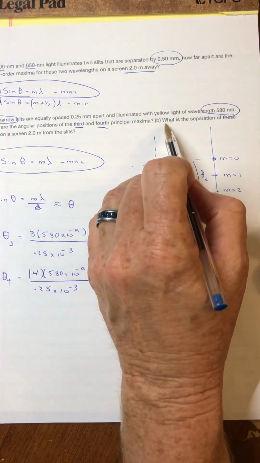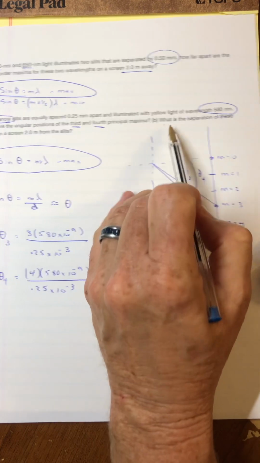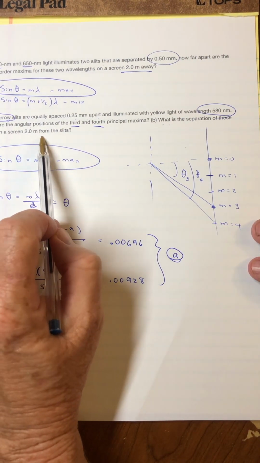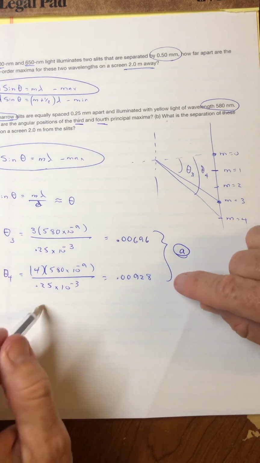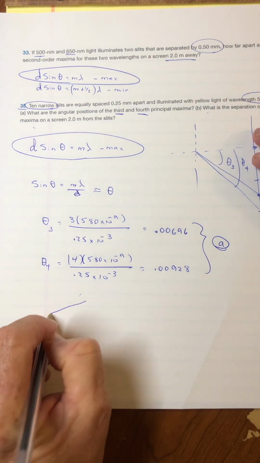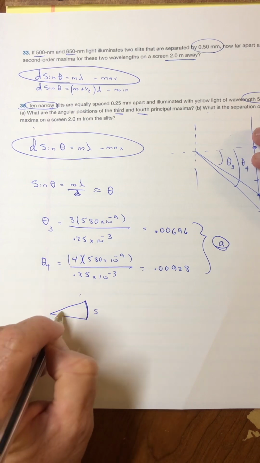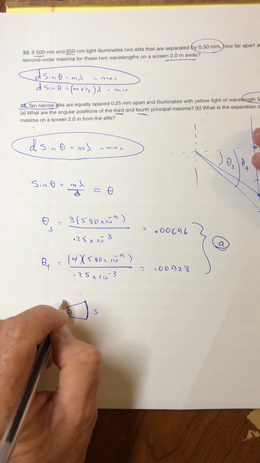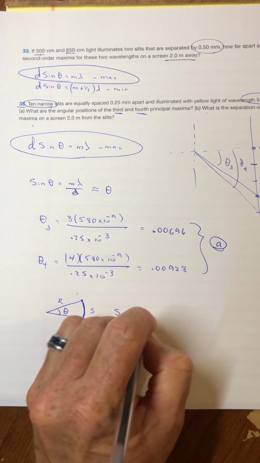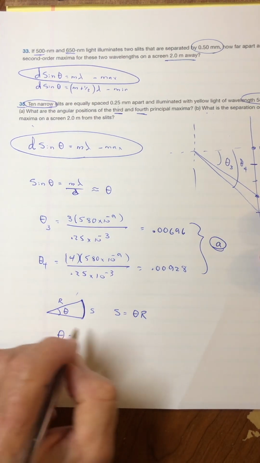And so then it goes on to say B, so maybe I should put a little A here. B, what is the separation of these maximums on the screen that is 2 meters away? We could do like we did back in 33, and I'll just review some geometry that's easy to forget. When you have an angle and an arc length, the arc length S is the angle times the radius, coming from the definition of the angle in radians.